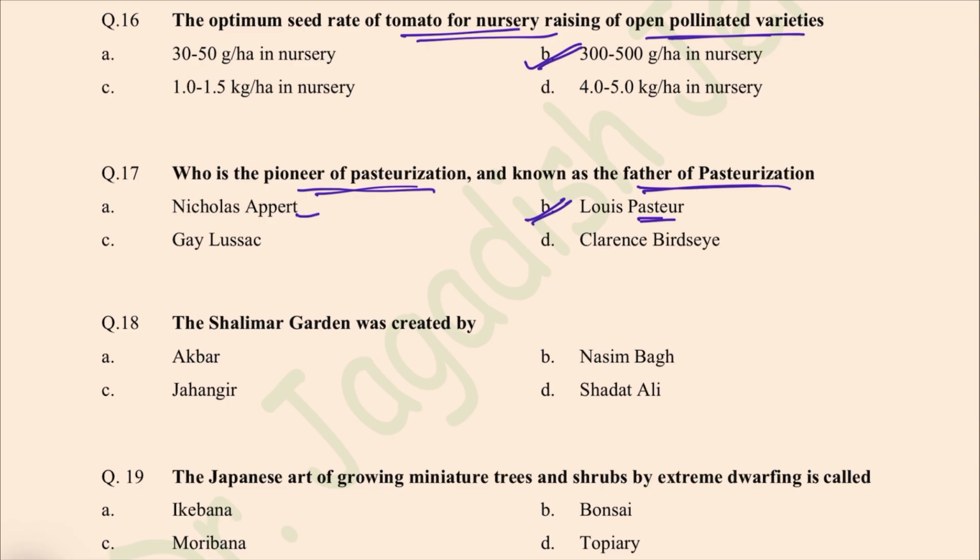So a related question: the low temperature storage method, that is freezing, for food preservation was commercially pioneered by Clarence Birdseye. The preservation technique of sealing food in airtight containers and heating it is known as canning or appertization, according to Nicolas Appert.